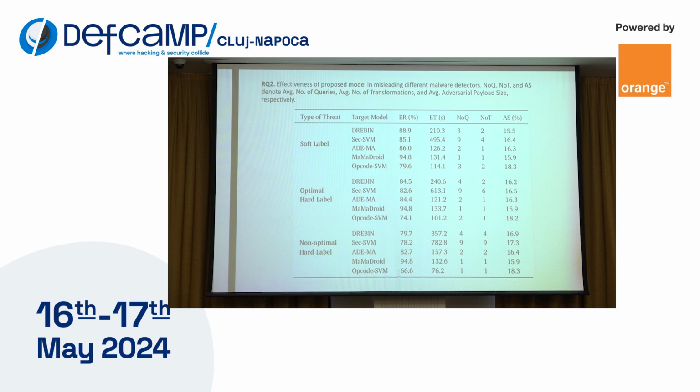And speaking about software labels and hardware labels, these are confidence scores and level of the accuracies which our application considers. I remind you that the level of accuracy here implies that the malware-based sample is classified as benign.